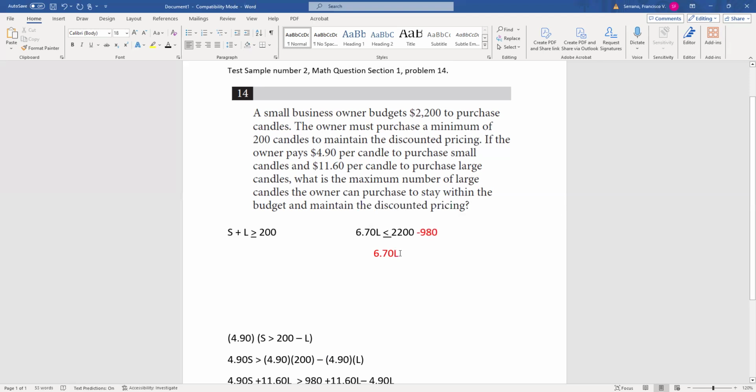So we get 6.70 L is less than or equal to... I'm going to have to underline it because it's important.